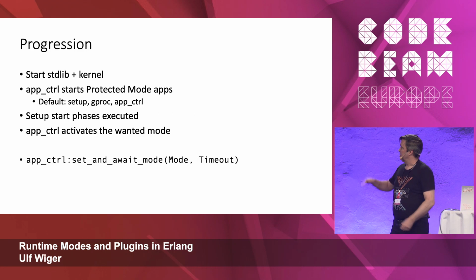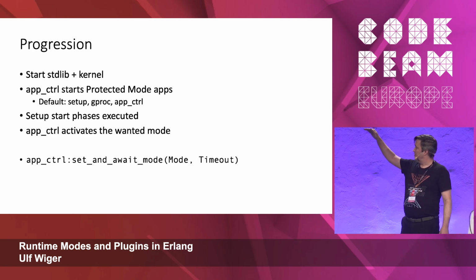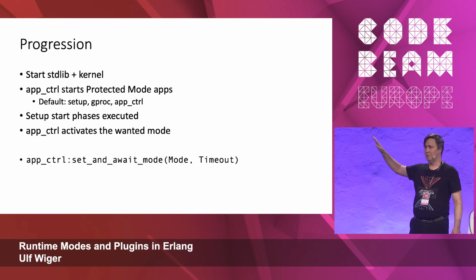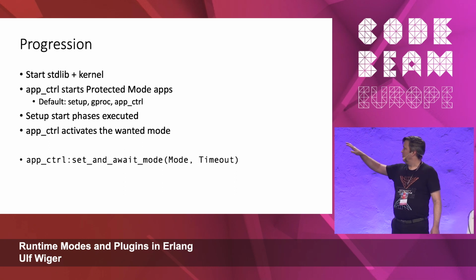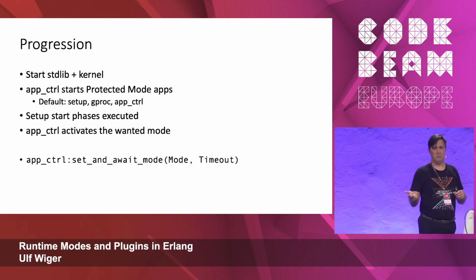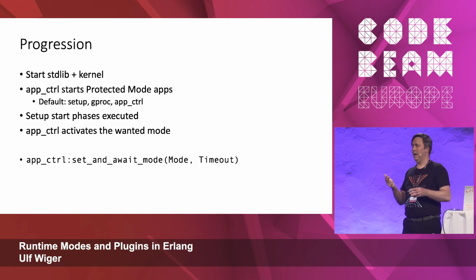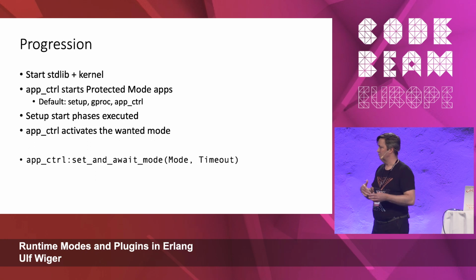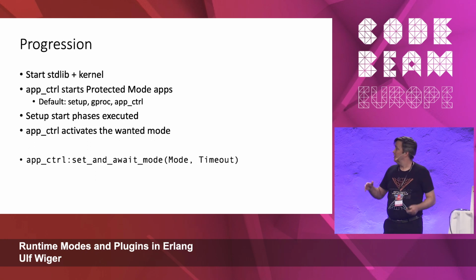So essentially, this is what happens. Standard lib and kernel, you don't control those because you're not allowed to stop them. They have to run. But the kernel will bootstrap the application controller, the app control server, which first starts the protected mode apps, which are essentially app control, setup, and gproc, and any applications that you also want to run in the protected mode, like logger, for example, or Mnesia, perhaps.